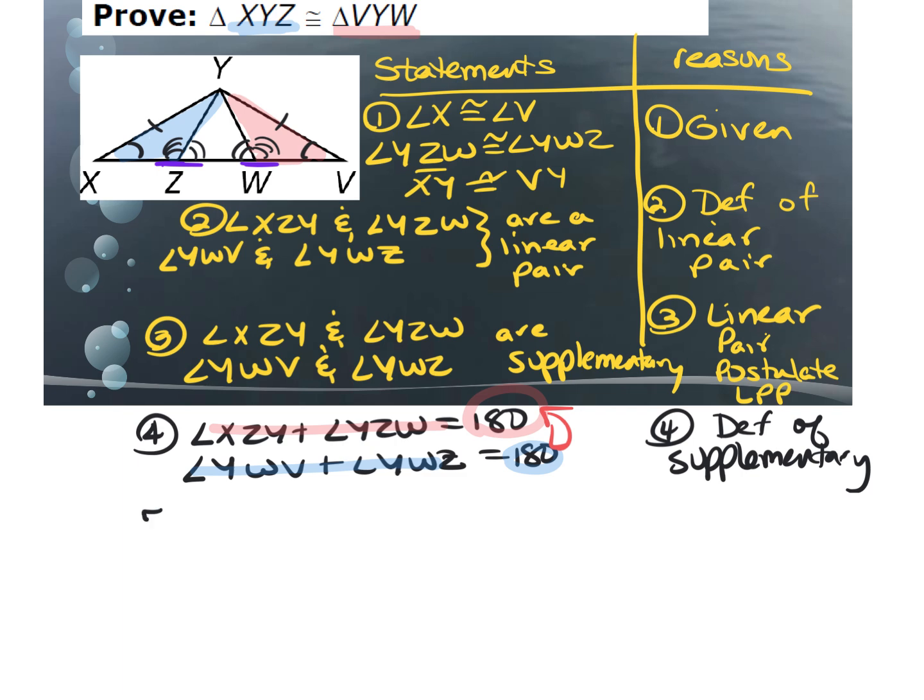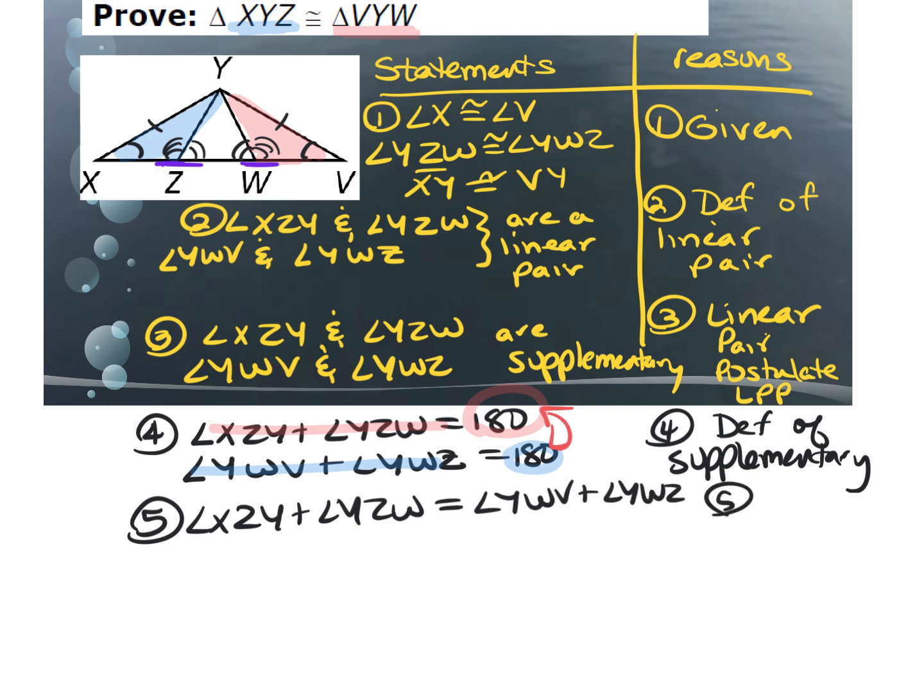So my next statement would be to take angle XZY plus angle YZW and set it equal to the blue, YWV plus YWZ. And this could be either transitive because the 180s cancel out, or you could say substitution.